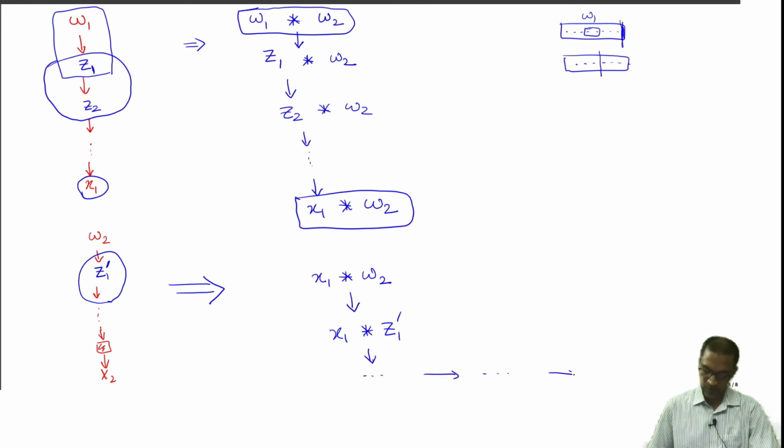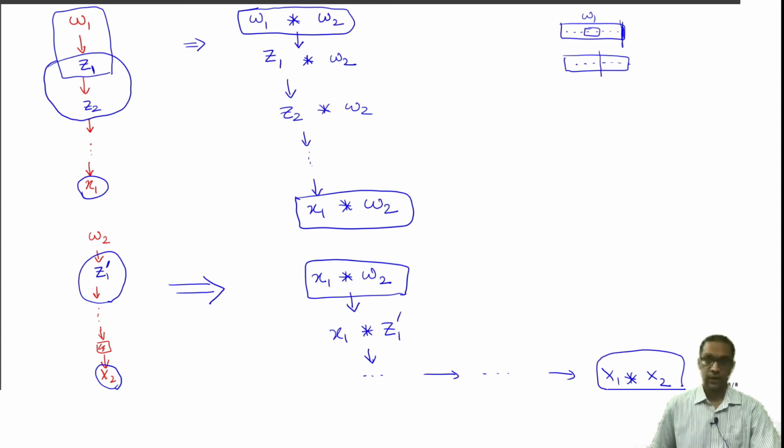So I keep doing this till I reach the very last step, and the last step is x2 but concatenated on the left by x1. Okay, so what this means is if I start at x1 star W2, by applying left concatenation to the second chain, I can reach x1 star x2. Okay, so now I just put these together.